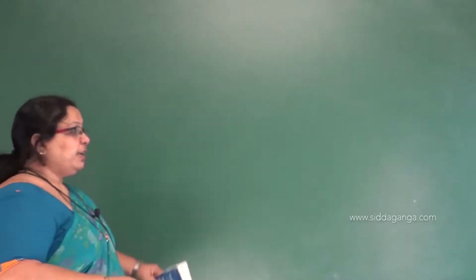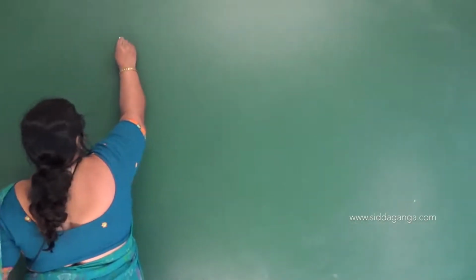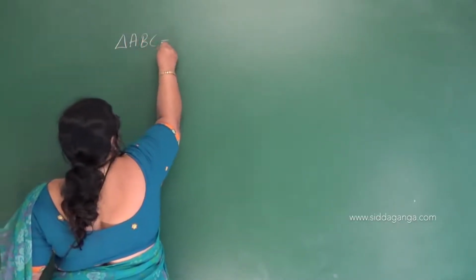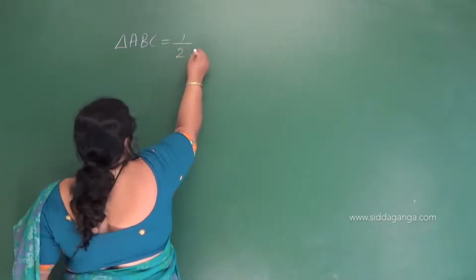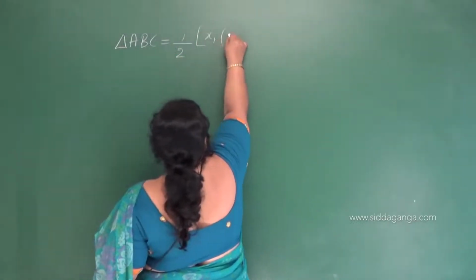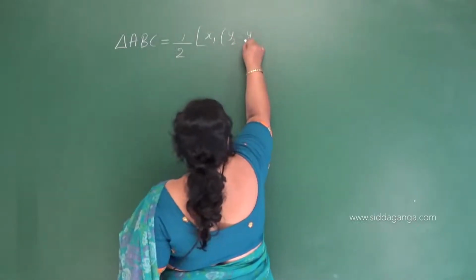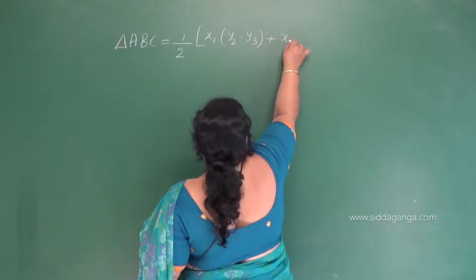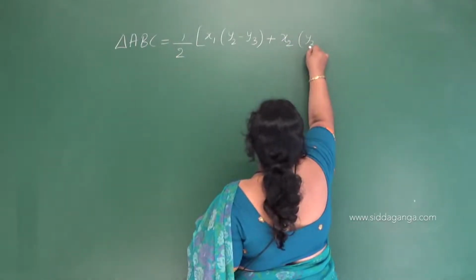So the area of a triangle, we already know the formula, that is, delta ABC, if x1 y1, x2 y2 and x3 y3 are the vertices of a triangle, then the area is given by the formula.